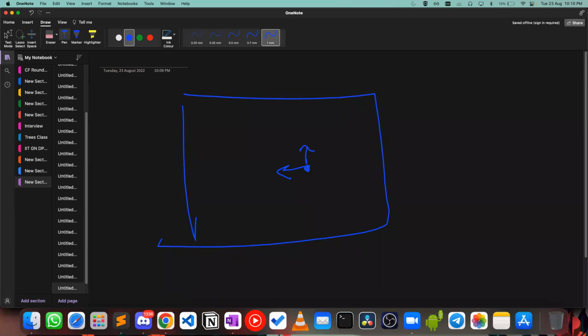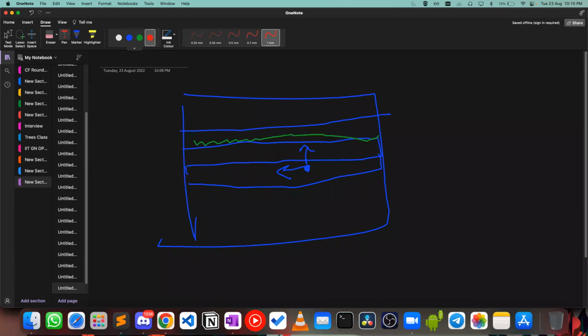When I'm calculating, let's say I'm calculating the dp values for this row, and there is another row here, and then there is another row here. Will I need the dp values of this row to find out the dp values of this row? Yes or no? dp of ij is only dependent upon dp of i minus 1 comma j and dp of i comma j minus 1.